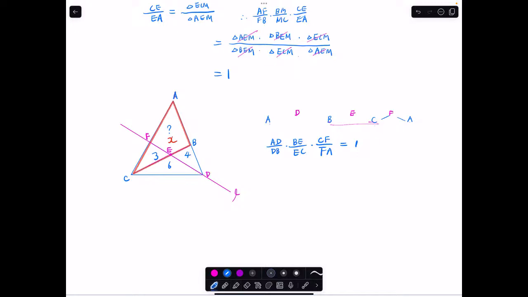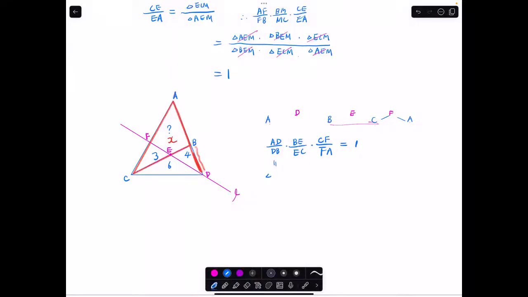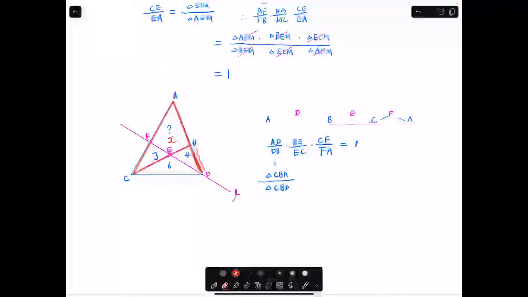So AD over DB. It's going to be the base. We claim that this is equal to the area of triangle ABC, the bigger triangle, over DB, which is triangle CBD. So we're talking about this triangle here: AD is the bigger triangle versus CBD, which is a smaller triangle.